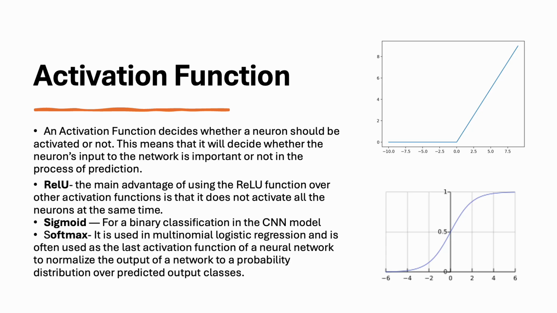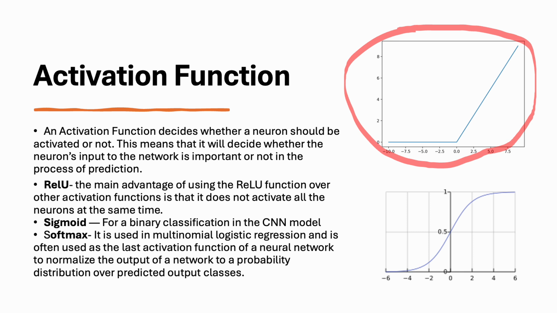Then finally we need to talk about the activation function. An activation function decides whether a neuron should be activated or not. This means that it will decide whether the neuron's input to the network is important or not in the process of prediction. One example is presented here, the ReLU activation function.